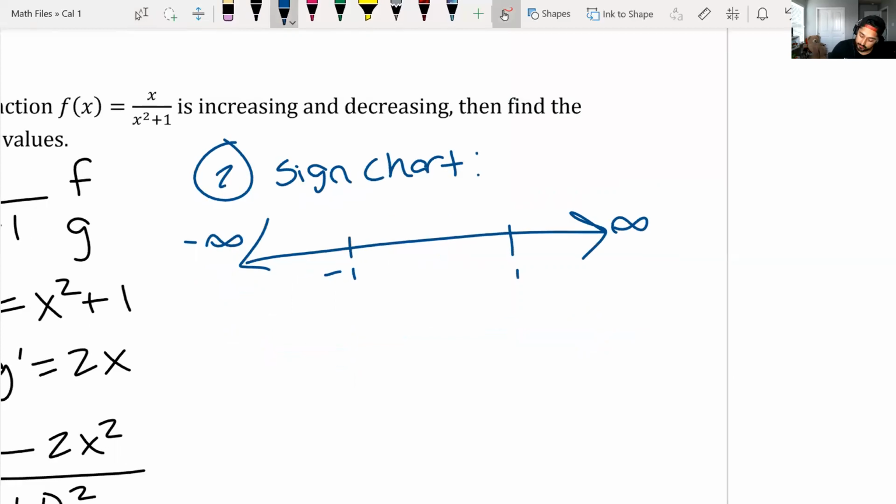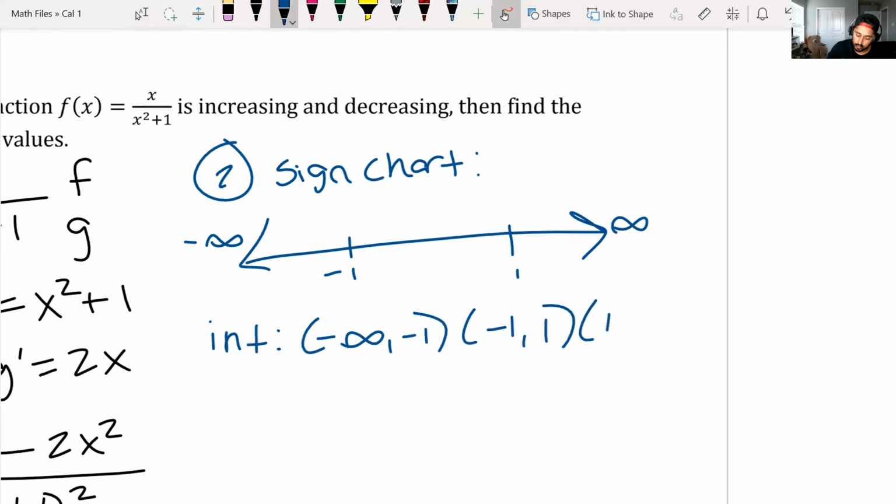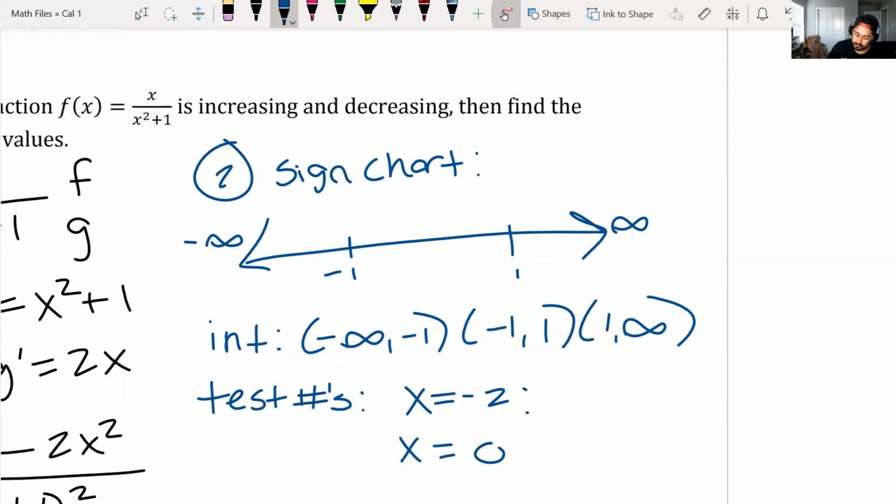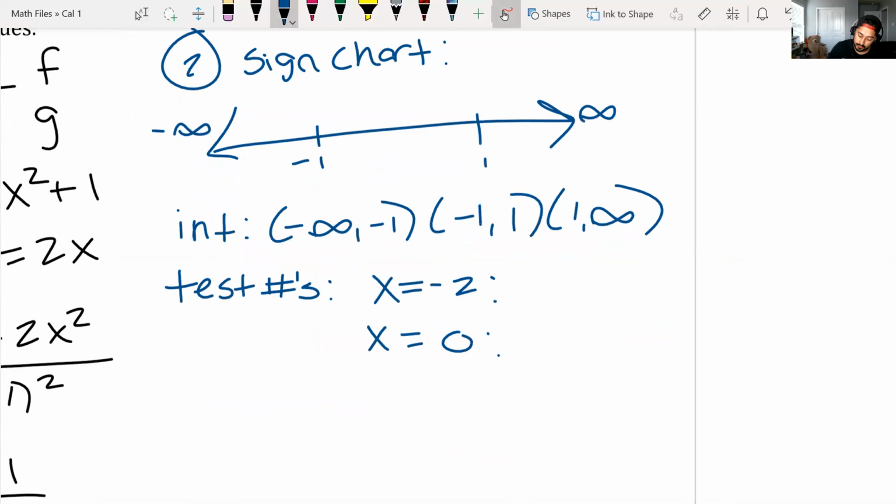Which means my intervals are negative infinity to negative 1, negative 1 to 1, 1 to infinity. My test numbers: from negative infinity to negative 1, I'll pick negative 2. From negative 1 to 1, I'll pick 0. And from 1 to infinity, I'll pick 2.